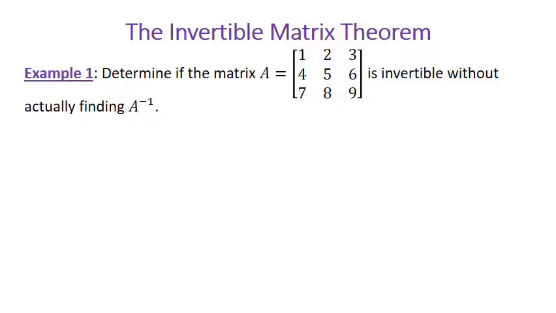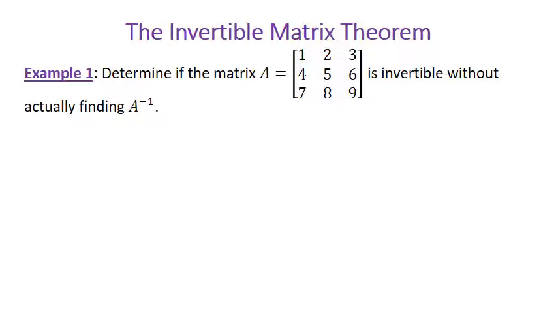So basically, if it's a 2 by 2 matrix, find the determinant. If the determinant equals 0, then it's not invertible. Done. Okay, but if it's a 3 by 3 matrix, like in this example, it's a little more complicated.